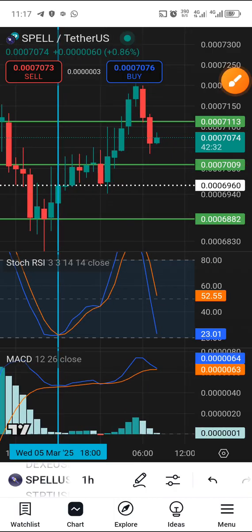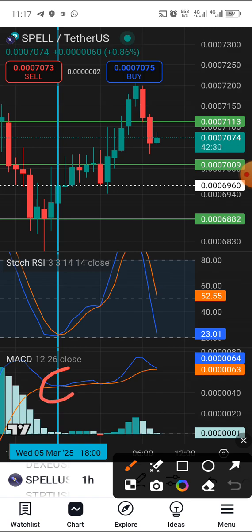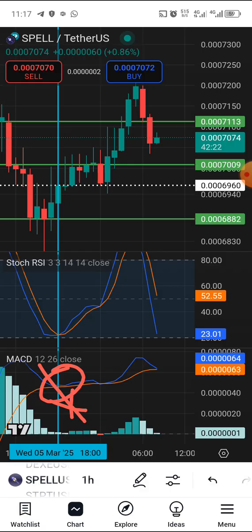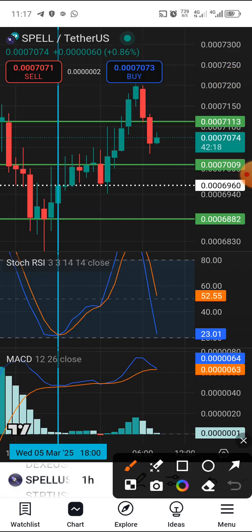Like when it reached this point here, it doesn't show you that it is about to make a death cross, right? These two lines here, the blue line and the brown line, you are seeing that they are kind of walking parallel, right? No chance of making a downward trend.